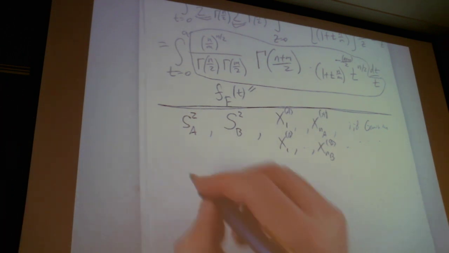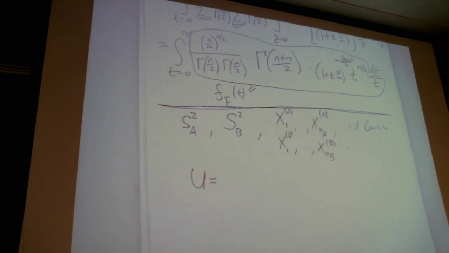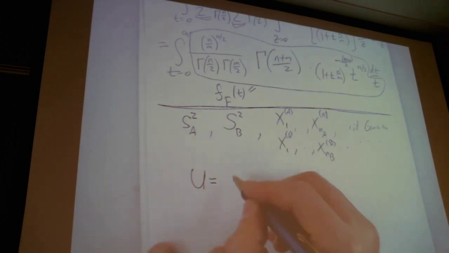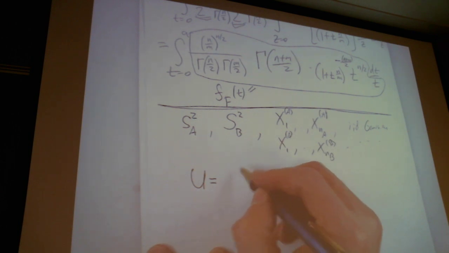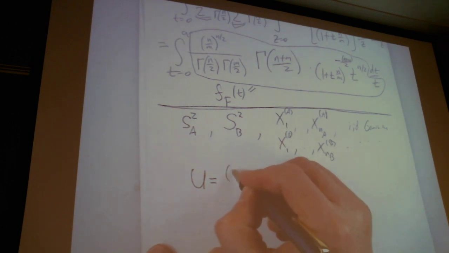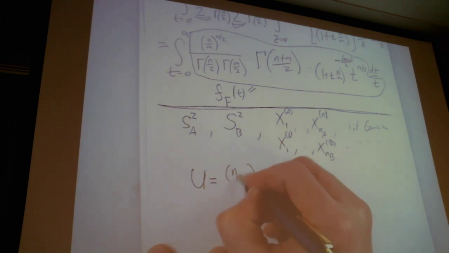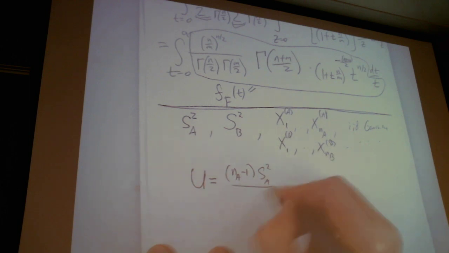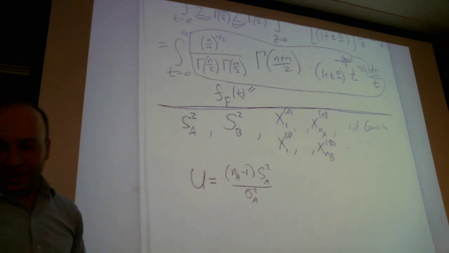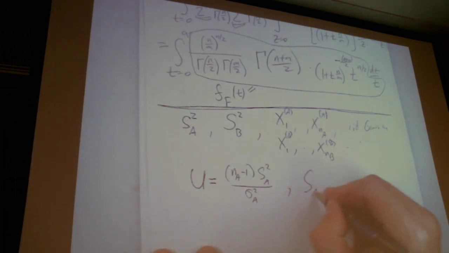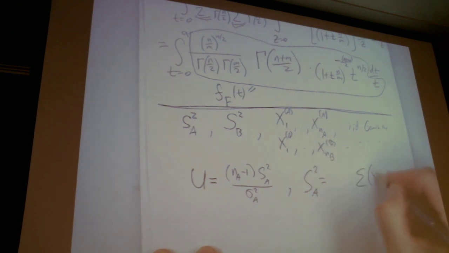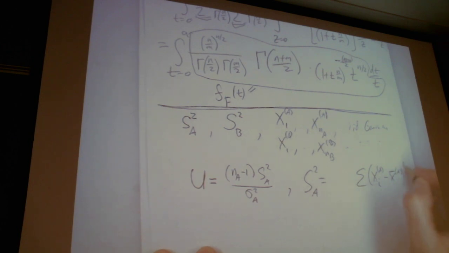What is the chi-squared variable? Isn't it like the sample variance over n-1? It's n-1 times SA squared over sigma A squared. So if you remember the way these are defined, let's recall why this is the case. SA squared is the sum of the chi I A's minus their chi bar squared divided by NA minus 1.